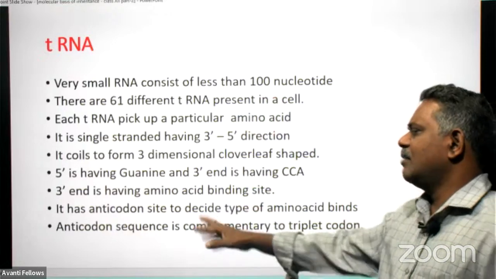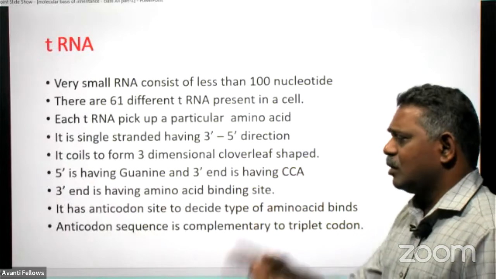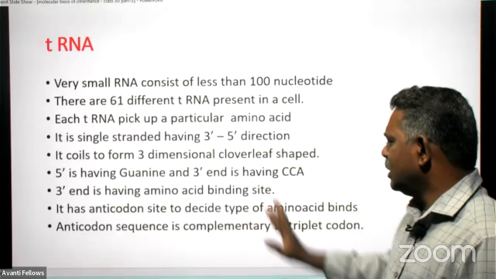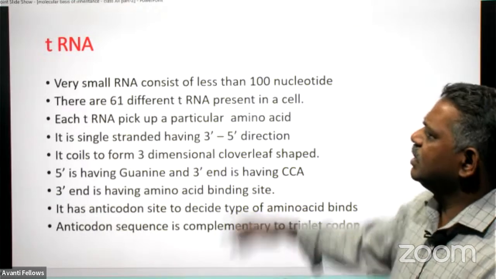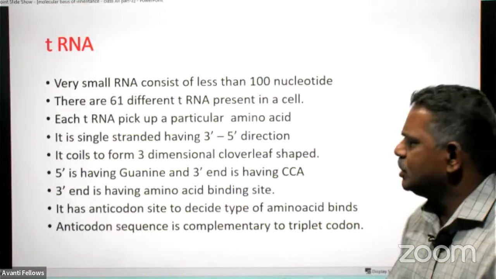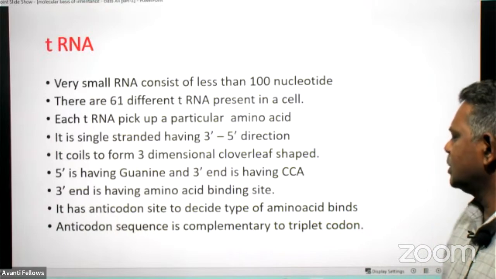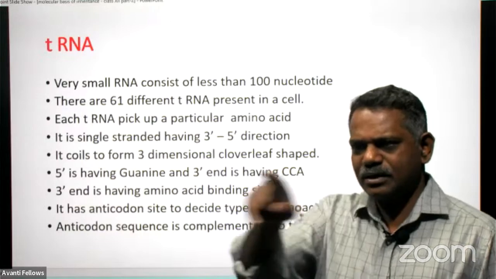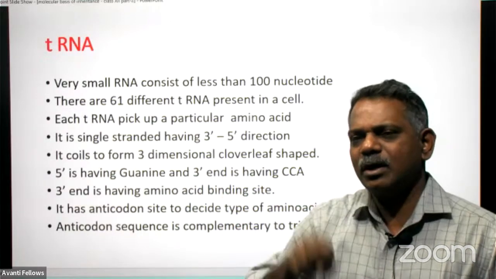It also has an anticodon loop. There we can see the three anticodon bases present in the loop, and that decides what type of amino acid binds to the 3' end of the tRNA. The anticodon sequence is complementary to the triplet codons. You may have heard about the triplet codon, which is present in the mRNA, and every triplet codon has its own meaning.